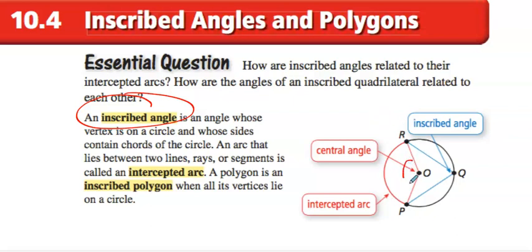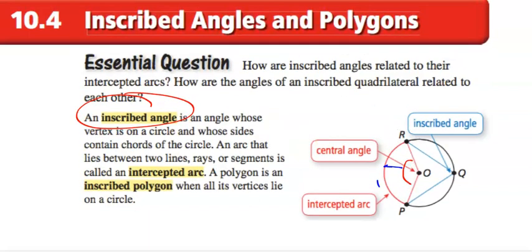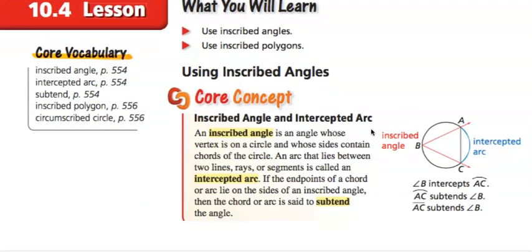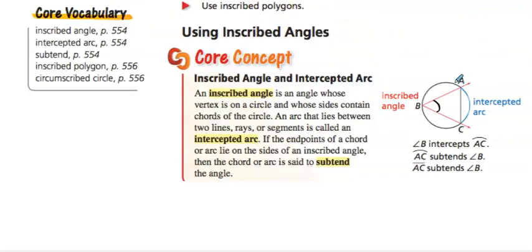Now, we've come to the conclusion that the central angle here is going to equal the degrees of the arc. So the degrees of the arc and the degrees of the central angle are one and the same. So how does the inscribed angle work here? Here's the inscribed angle, here's the intercepted arc, and what's the relationship between that angle and that arc?